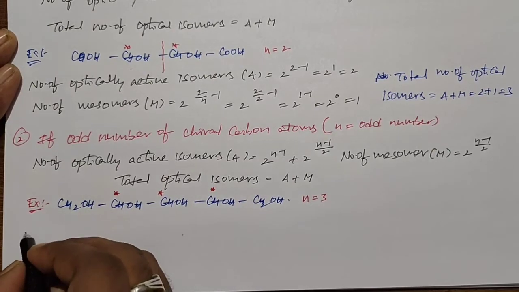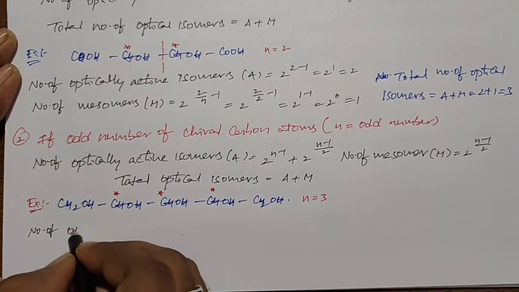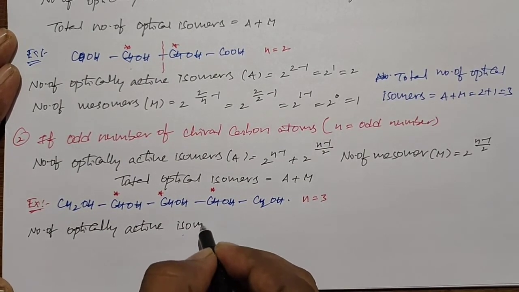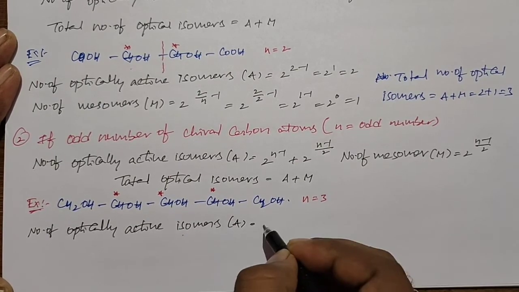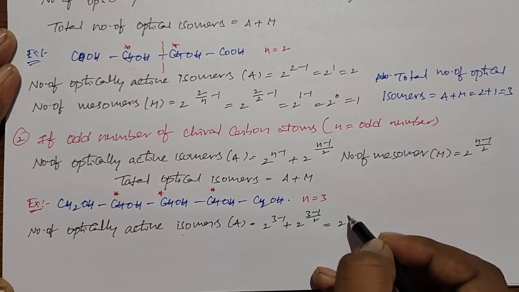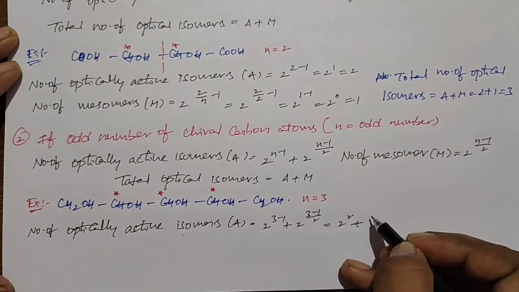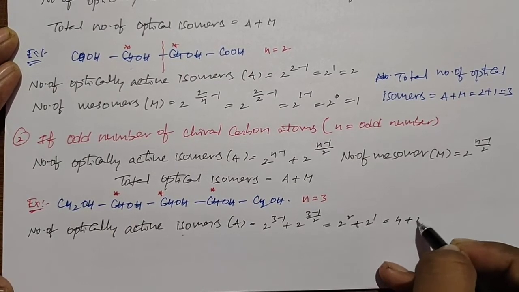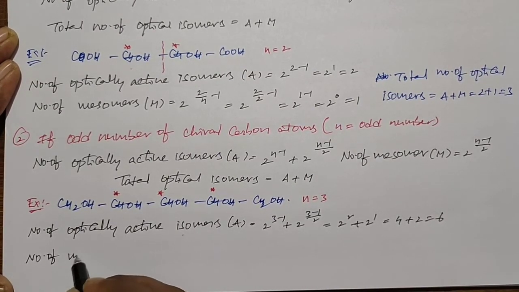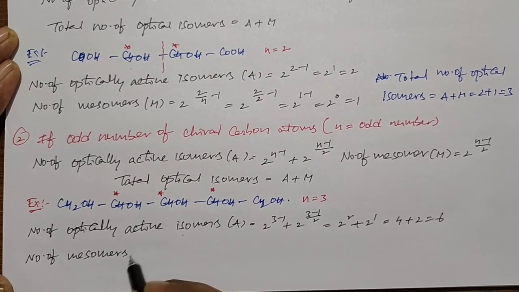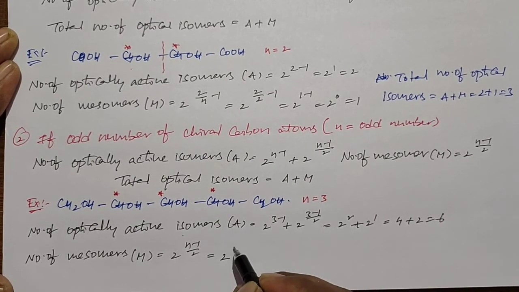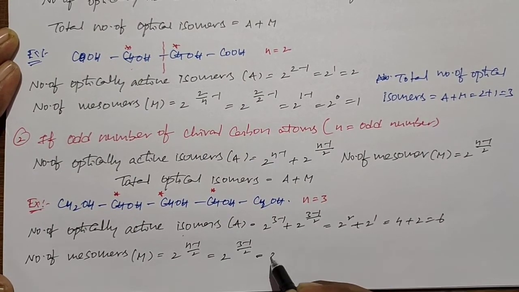So the formula to find the number of optically active isomers, A, is equal to 2 power 3 minus 1 plus 2 power (3 minus 1) by 2, that is equal to 2 square plus 2 power 1, that is equal to 4 plus 2, we get 6 optically active isomers. Then number of mesomers, capital M, is equal to 2 power (n minus 1) by 2, that is equal to 2 power (3 minus 1) by 2, we get 2 power 1, that is equal to 2.